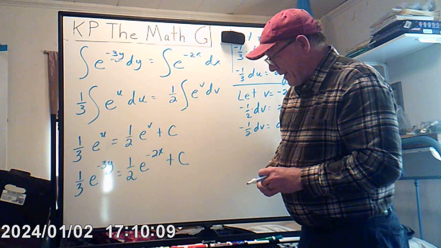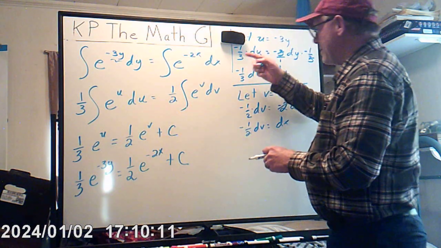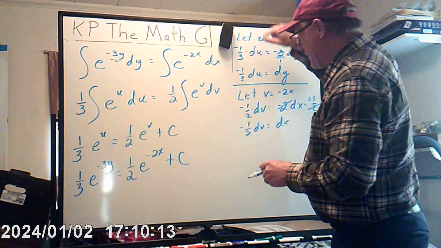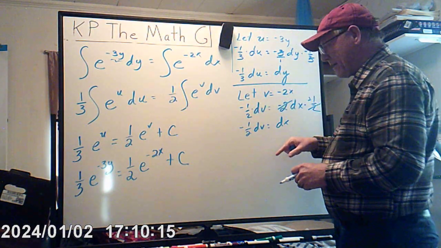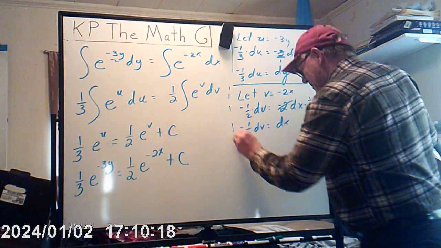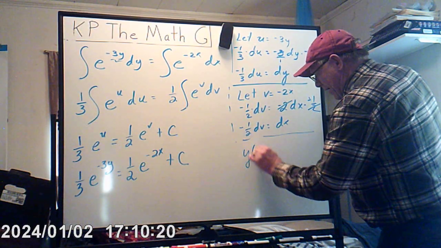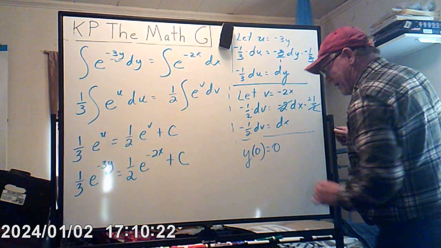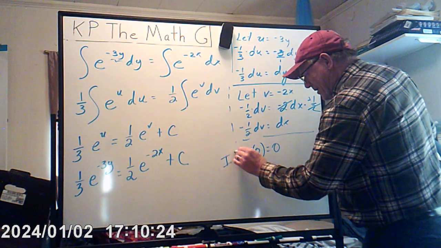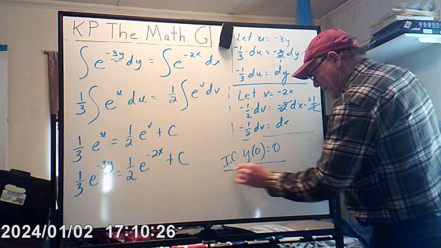Well, now, what is c? We want a particular solution. That's what we wanted from the start. And our initial condition, remember, y at 0 is equal to 0. That was our initial condition from the start.